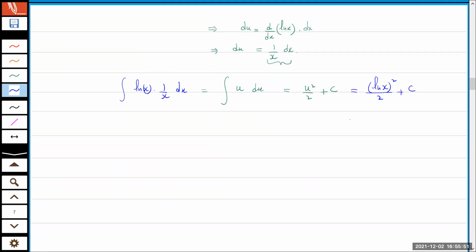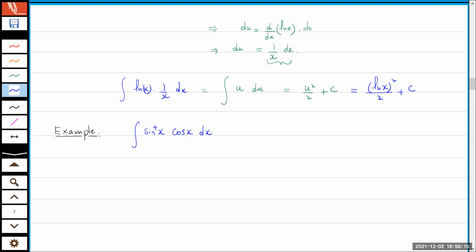Another example. Suppose we have the indefinite integral of sine to the fourth of x times cos x dx. Now I have two choices here.